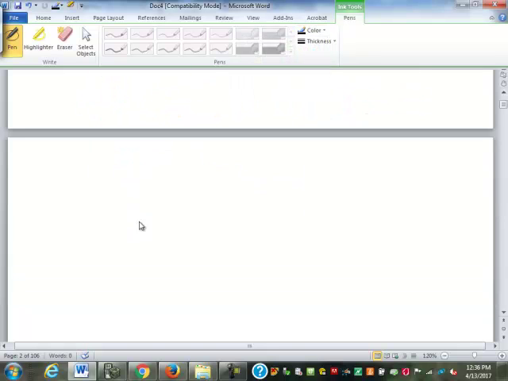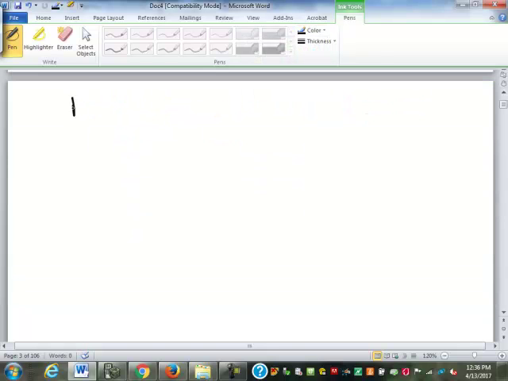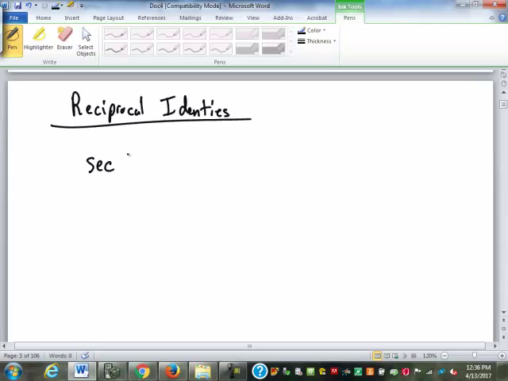We have calculated some of what we call reciprocal identities. We know that the secant of 30 degrees, what function do we use to find secant? Because our calculator doesn't have a secant key.